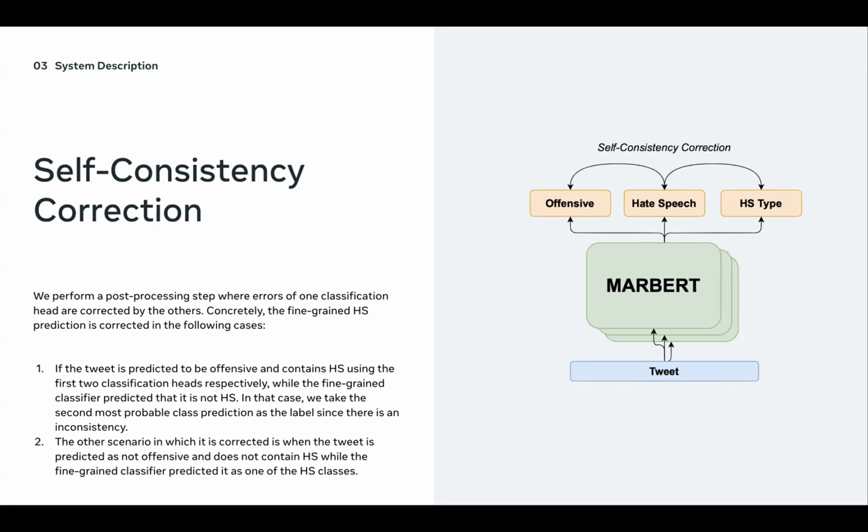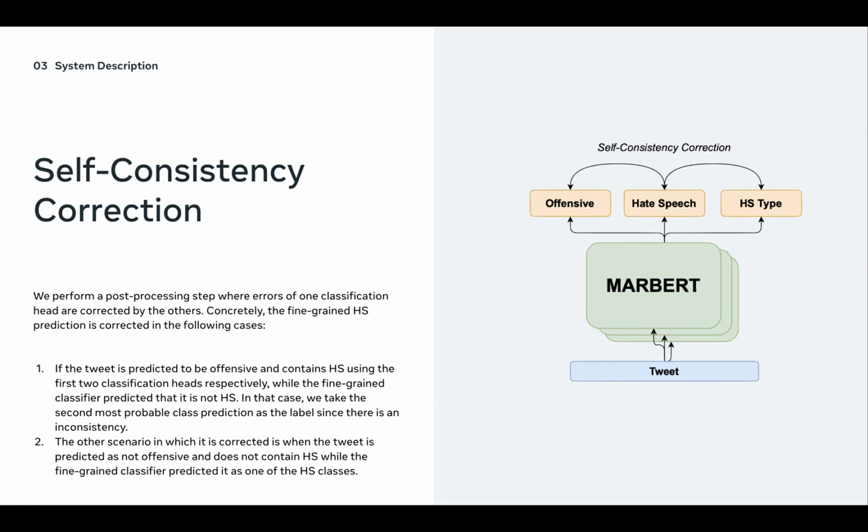So the self-consistency correction method was only employed in the fine-grained hate speech classification, which is predicting the hate speech type. And the idea of it is basically we have 3 independent predictions from the three heads. However, we observe that they have some dependency between them. For example, a hate speech tweet must be an offensive tweet as well.